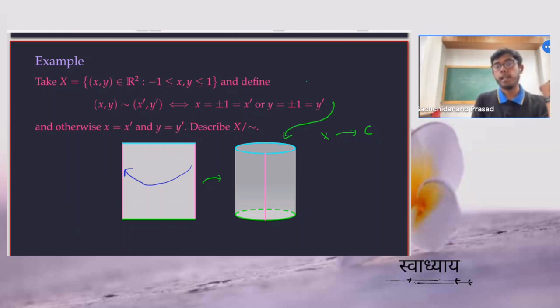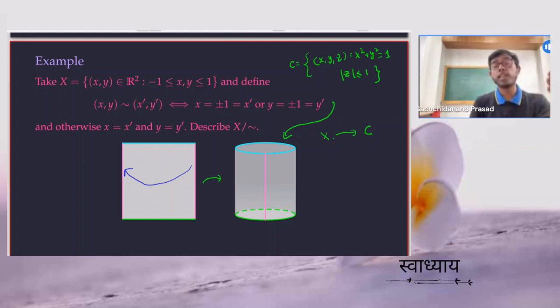Let me write it down, C as a set. This is (x, y, z) such that x squared plus y squared equals 1, and since we are taking -1 to 1, z varies between -1 and 1. So this is my cylinder.